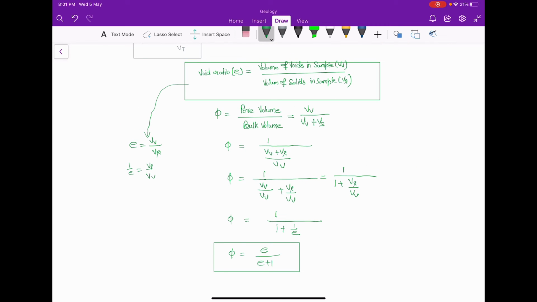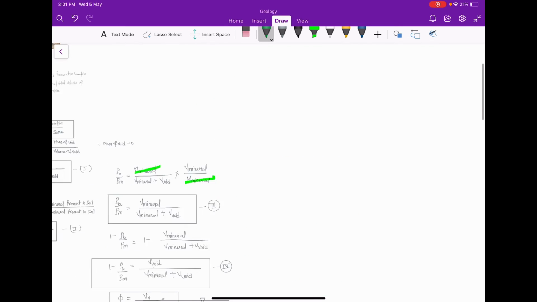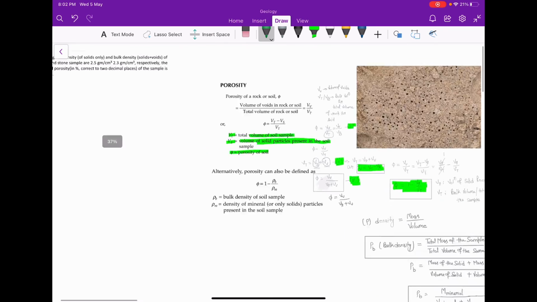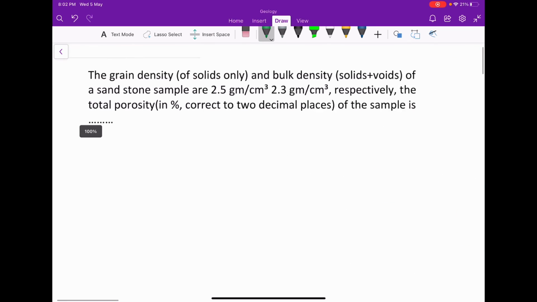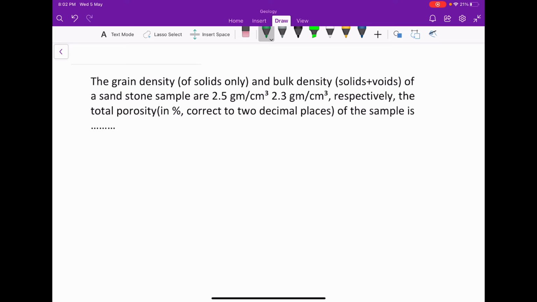Now we are moving towards the problem. So the problem is the grain density of solid only and the bulk density.